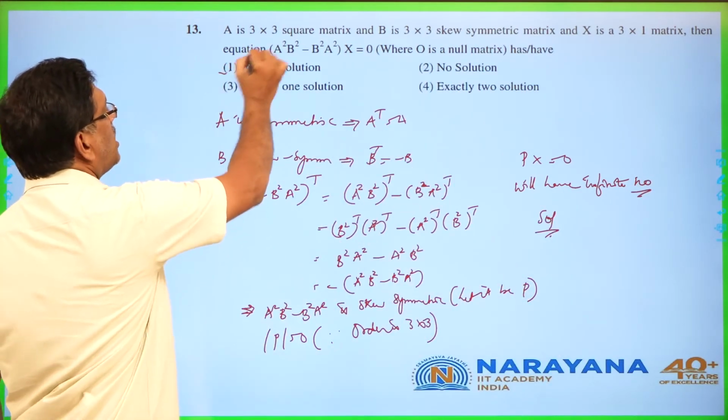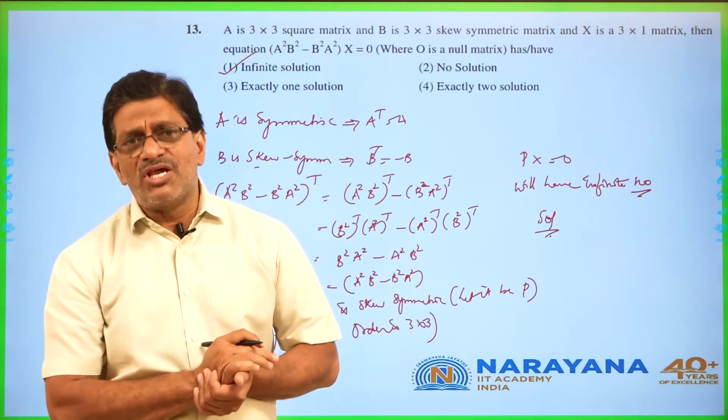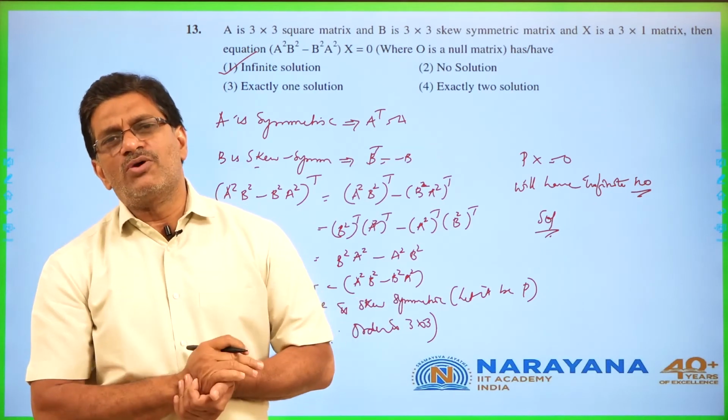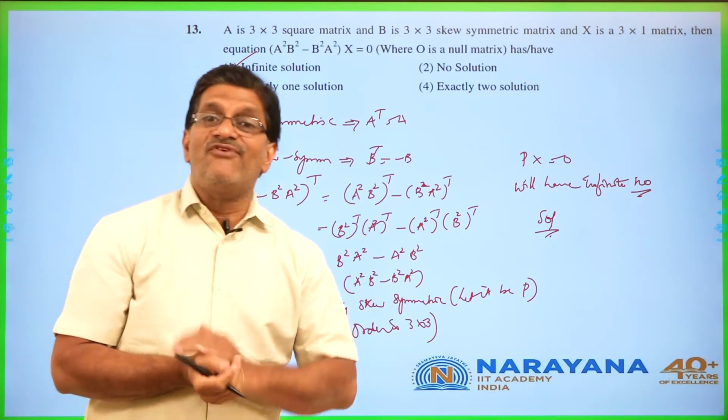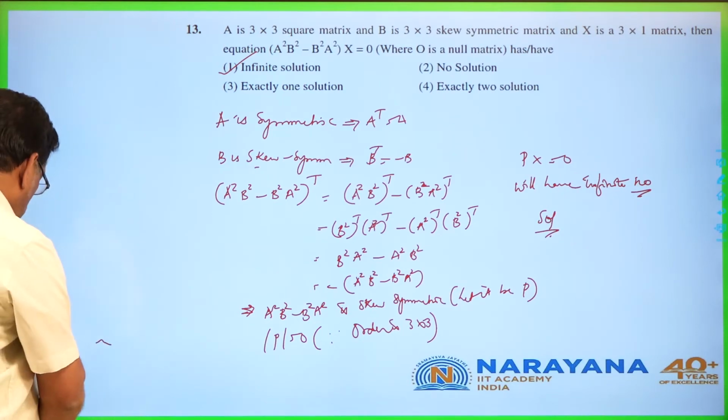Remember, because it is a skew symmetric matrix of odd order, hence determinant is equal to 0. So determinant is equal to 0 means it will have infinitely many solutions. This is a good problem, right? Let us go to the next one.